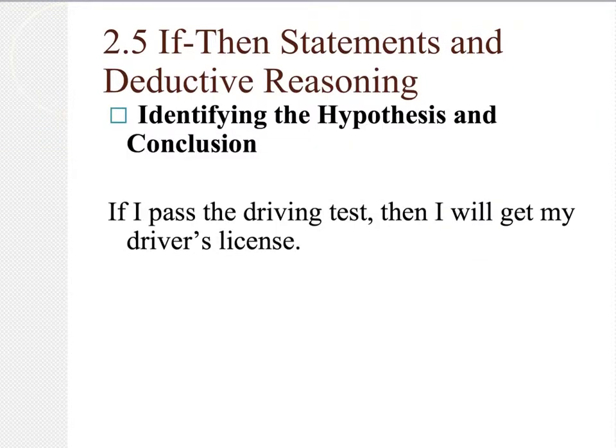Okay, so the question is identifying the hypothesis and the conclusion. The question is, if I pass the driving test, then I will get my driver's license. Notice there's no yellow bar. You don't have to write this down. Don't worry about it. Okay, so if I pass the driving test, then I will get the driver's license. We talked about what is the hypothesis, what is the conclusion.